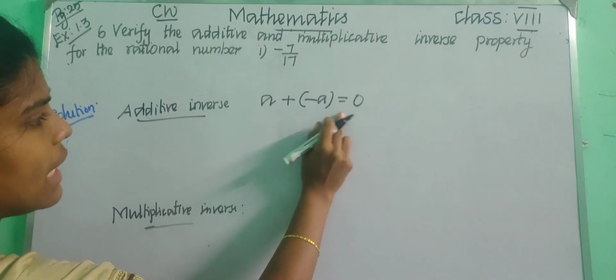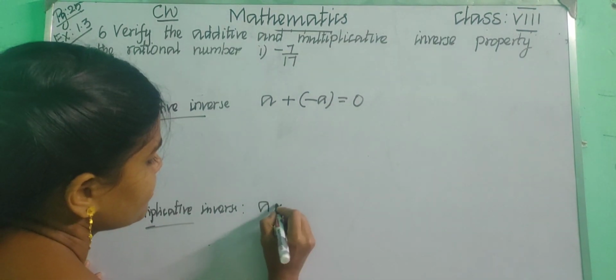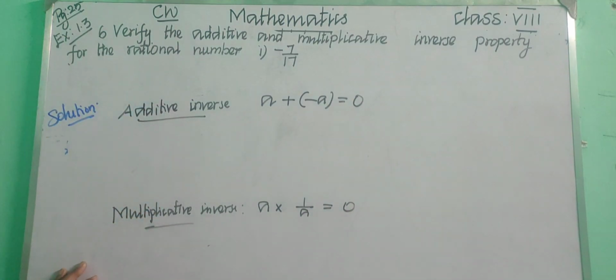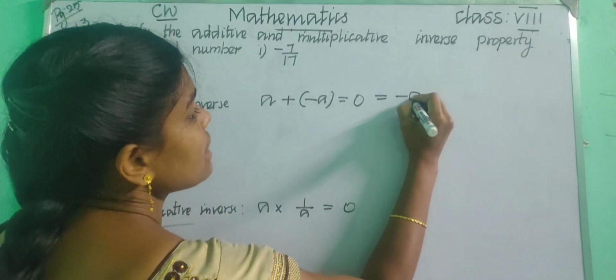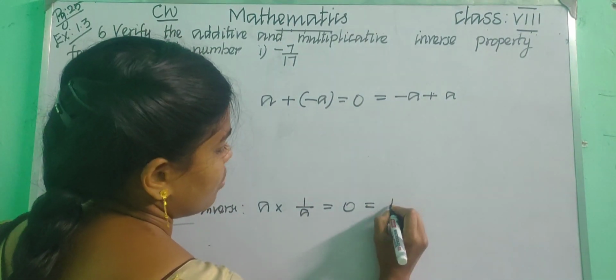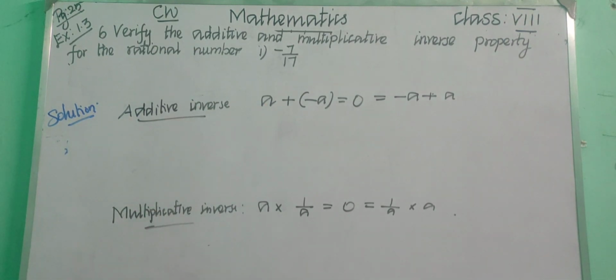So multiplicative inverse means A into 1 upon A equal to 1. Okay children, let us check this. And also we can write minus A plus A, and here 1 upon A into A. Okay children, so we are going to prove these two.